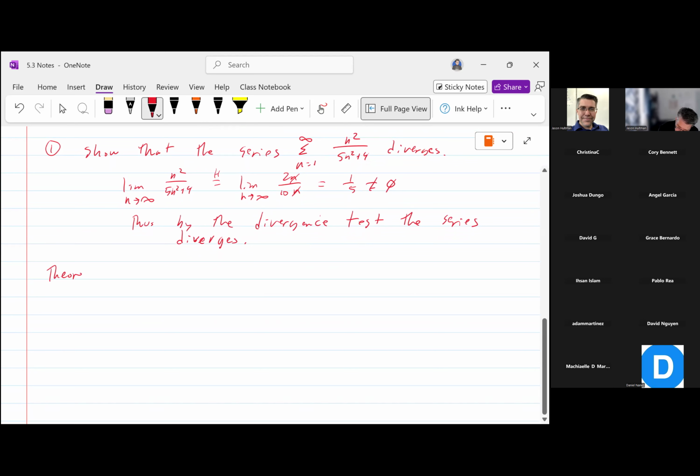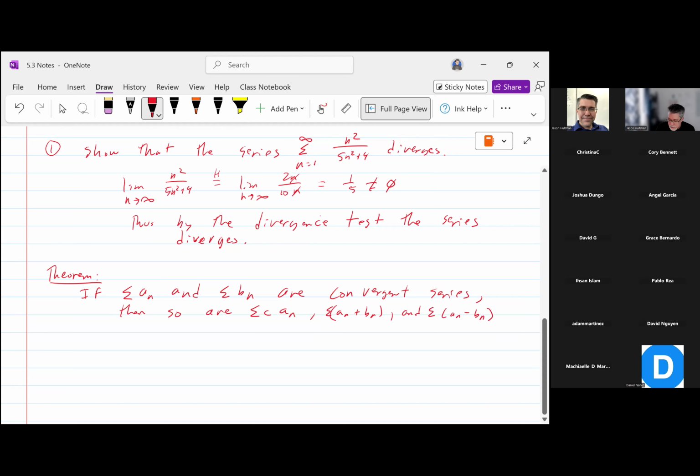Let's look at a theorem. If the series a sub n and the series b sub n are convergent series, then so are a constant times a sub n, the series of a sub n plus b sub n, and the series of a sub n minus b sub n.